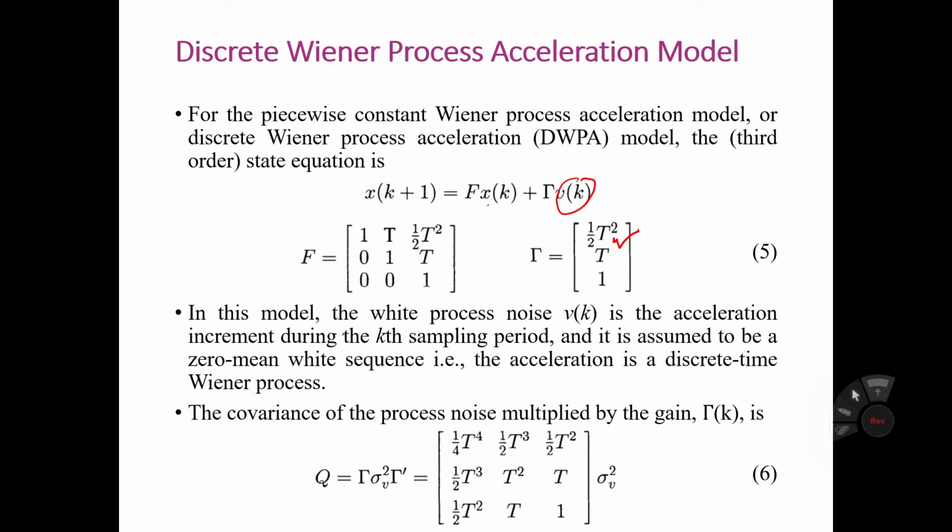In this model, the white process noise v of k is the acceleration increment during the kth sampling period, and it is assumed to be a zero mean white sequence, that is, acceleration is a discrete time Wiener process. When we put this value in the covariance, gamma into sigma standard deviation into gamma transpose, you will easily get this matrix.